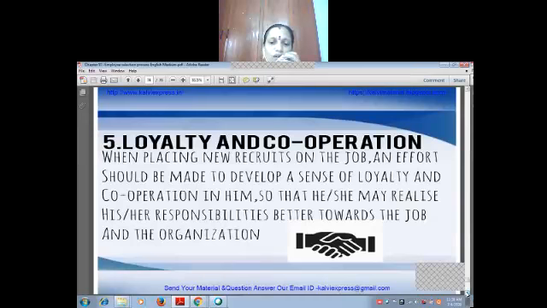Okay, so you should give full cooperation. You should not fight with any co-workers or quarrel with anybody else. You have to behave properly inside the campus. Then only the company will get a good name. Okay, so loyalty and cooperation is very important for a candidate.